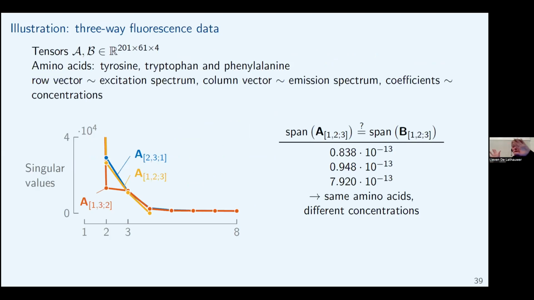And so the row spaces instead of the green U matrices in the SVDs. The canonical angles are really small, all three of them, which means that all three rank 1 terms are the same, or at least the columns and the rows are the same, and then the concentrations can be different. And it's really easy. It's computing canonical angles between subspaces in linear algebra.